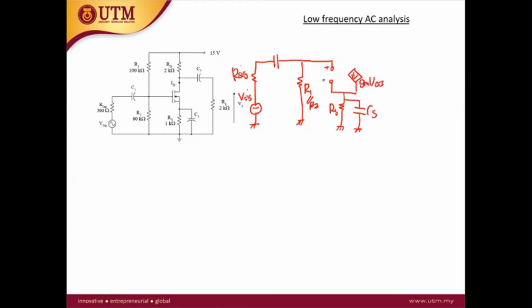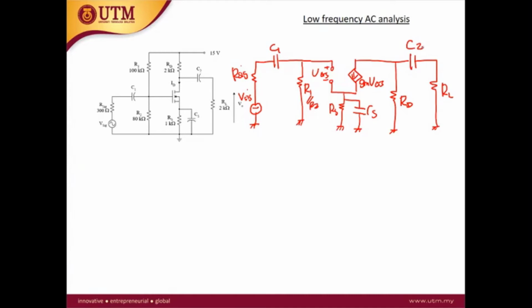So remember to label all of the important components. This is the RD. This is the RL. So this is your C2. Okay. So this is the low frequency.